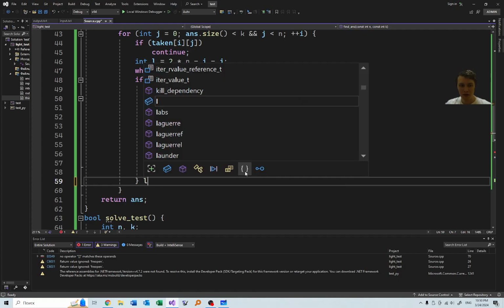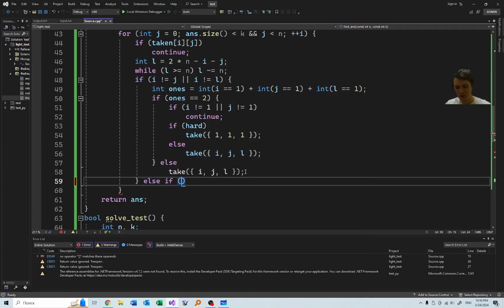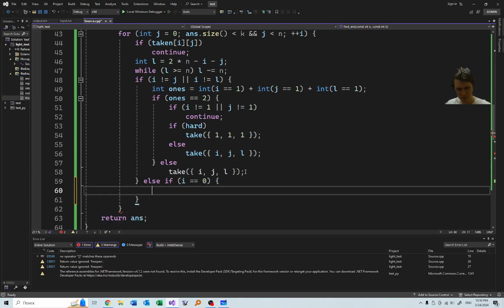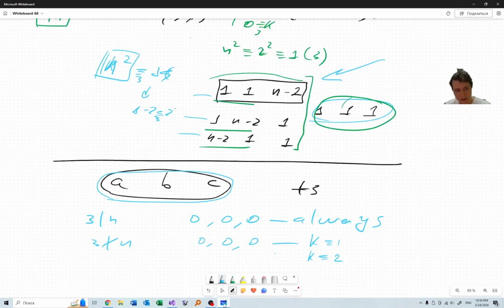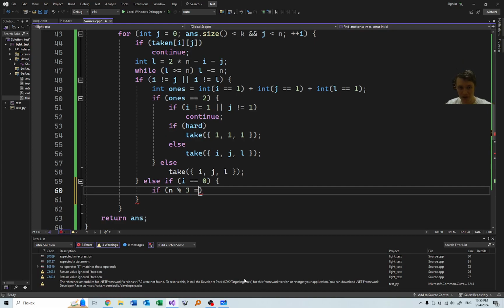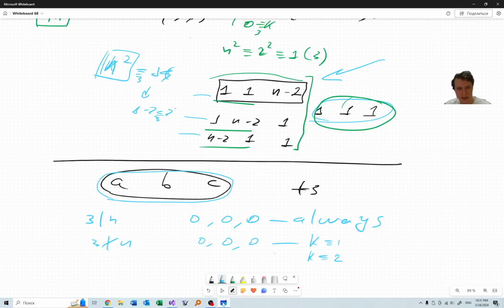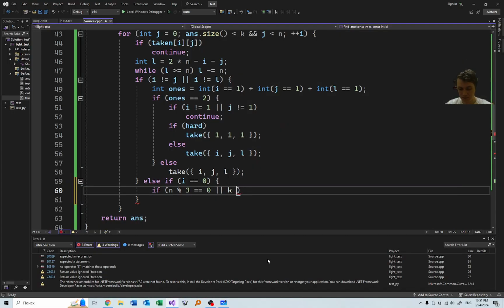So if it is 0, then we take either if n is divisible by 3 or if k is not 0 modulo 3.